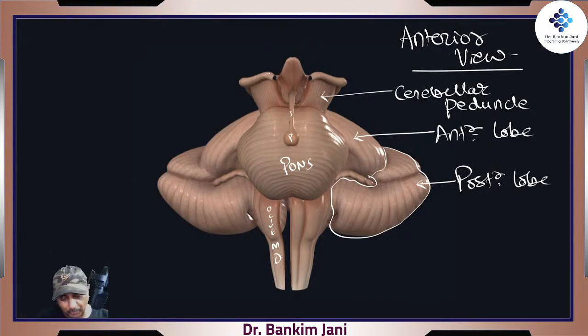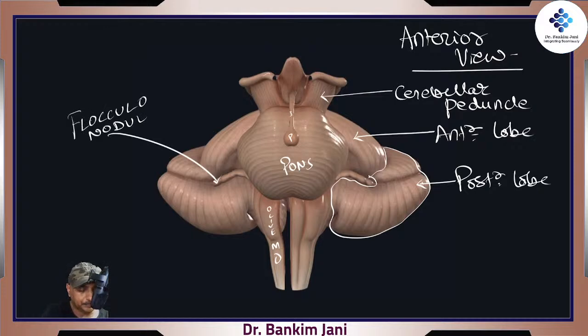And this small one is the flocculus or the flocculonodular lobe. So these are the three lobes when we are watching it from the front.